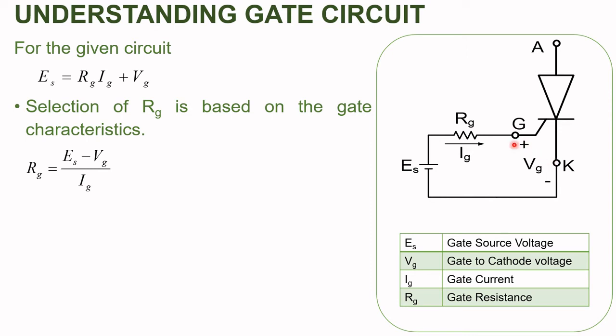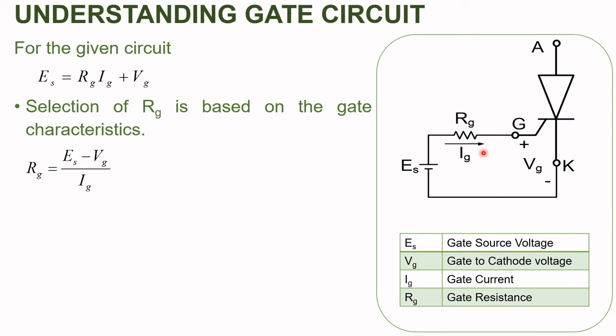Voltage from gate to cathode is represented by Vg. Next we have resistance Rg, which is also termed as the gate resistance, used for limiting the gate current supplied to the gate.